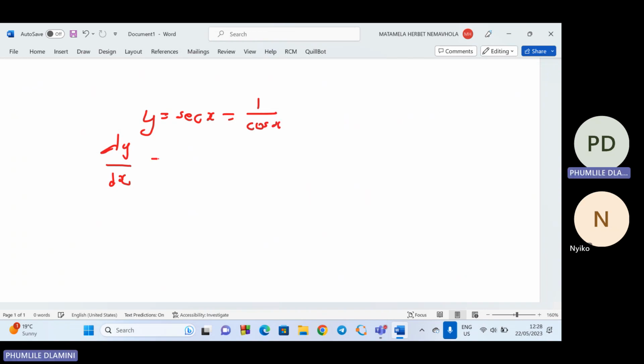Then I can say dy over dx equals, because it's in the form of a fraction, I'm going to use the quotient rule. Then I will square my cos x.